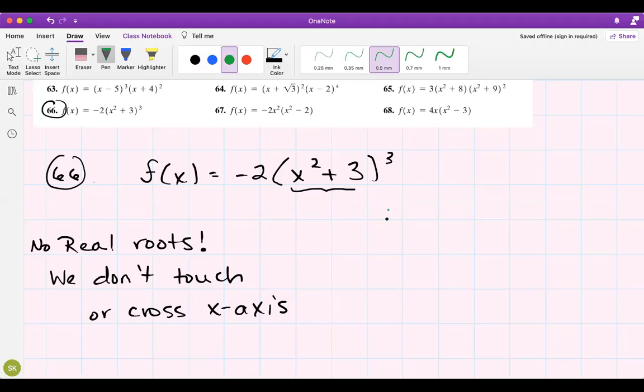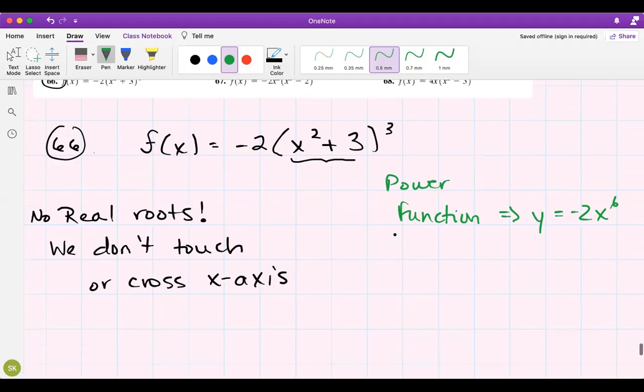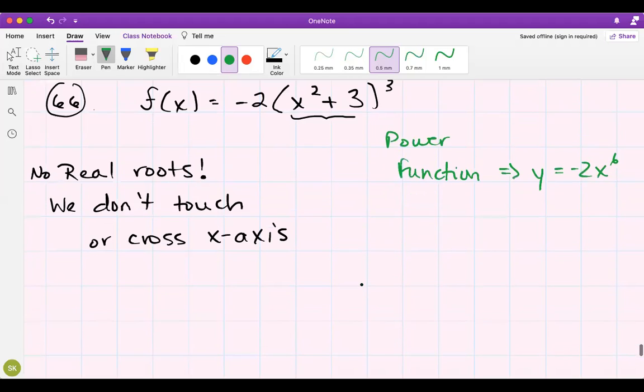So the power function that corresponds to this is y is equal to -2 x to the 6 because of this -2 on the outside. So we're going to have like a parabola pointing downward. So it is possible. If you have an odd power, you're always going to have at least one root because it's going to have to cross the x-axis, because remember it's going to look like x cubed.